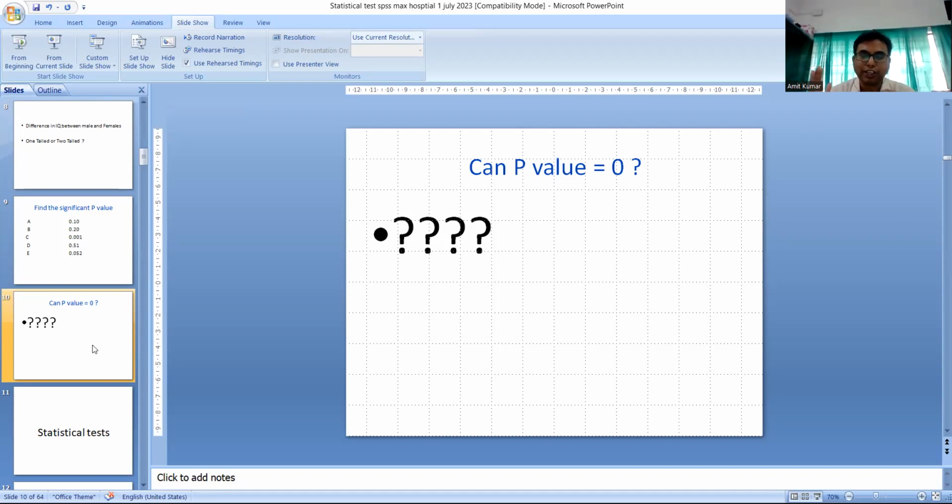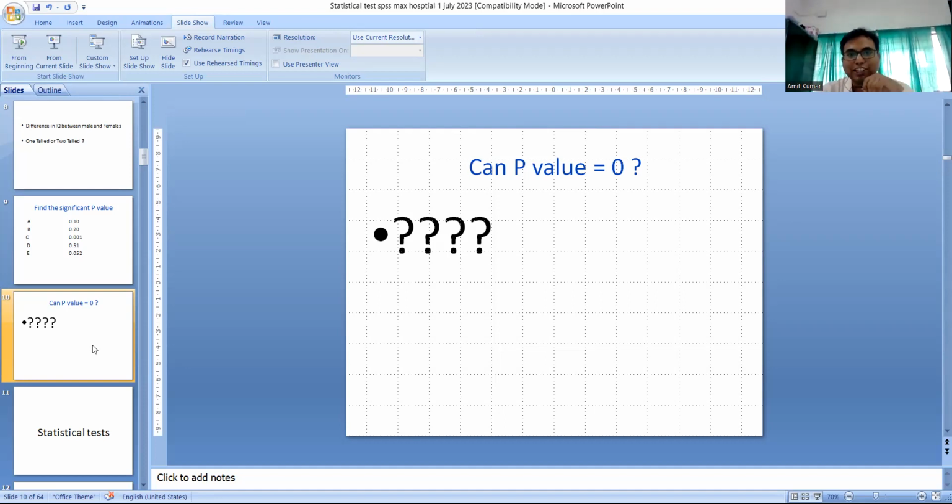Because p-value is always a probability value, and probability cannot be 100% at any cost. P stands for probability, so it cannot be 100%. Only one thing is 100% in this world. What is that? Death. Birth we are not sure, but death we are sure.